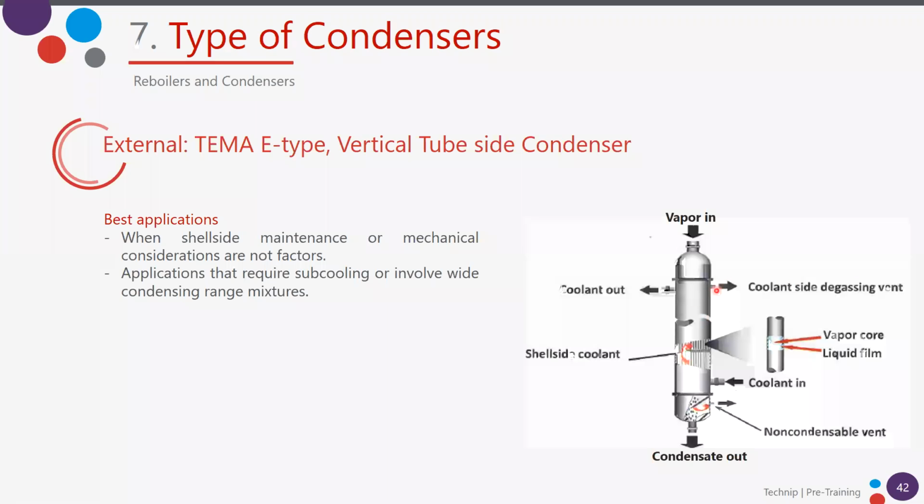We have the vapor entering the tubes at the top of the exchanger, and the condensate flows down the tubes in the form of an annular film of liquid, as you can see here.